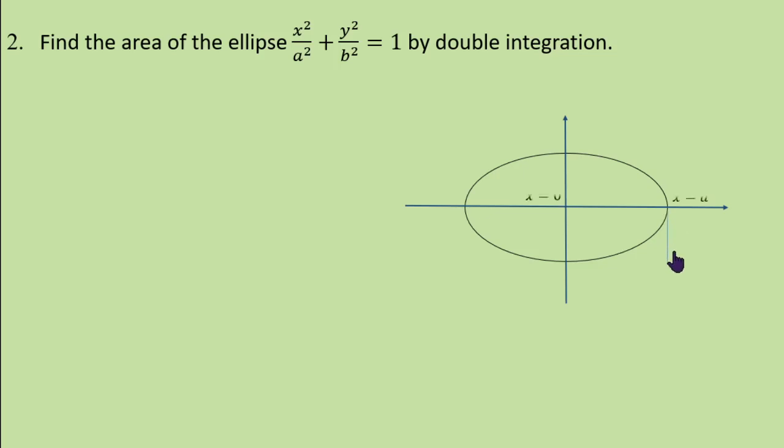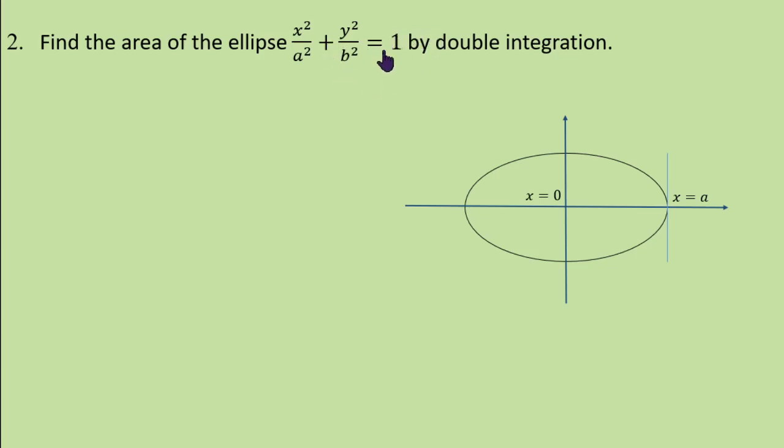Therefore, x equal to 0 and x equal to a. Between these two, y varies from 0 to the upper limit of y, which is on the ellipse. y square by b square is 1 minus x square by a square, or a square minus x square by a square.